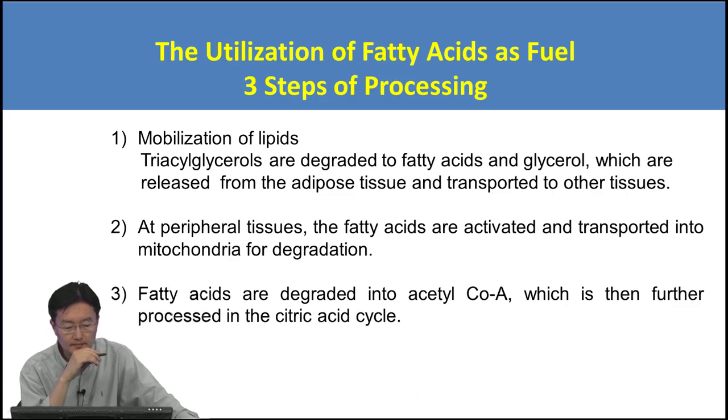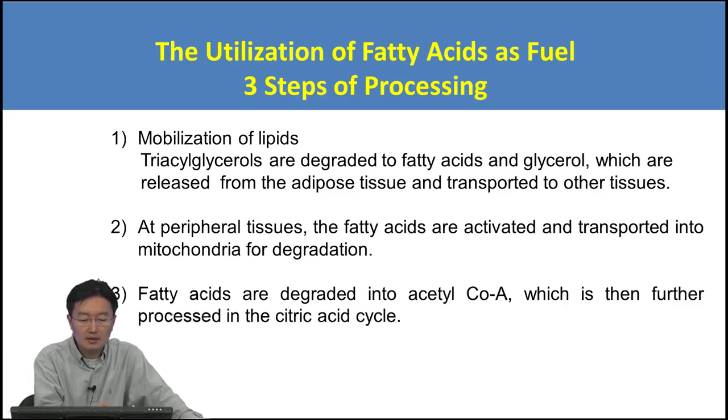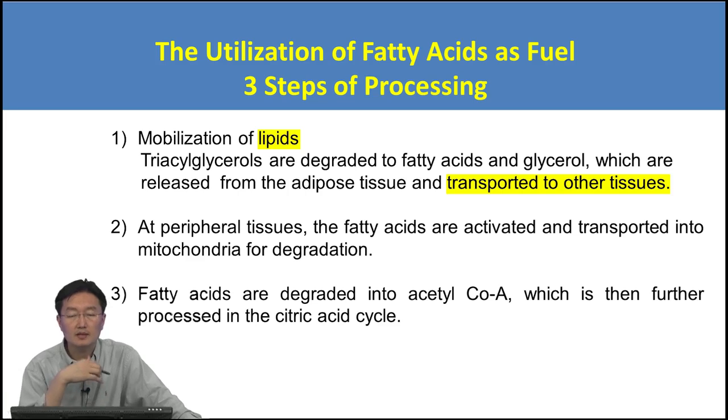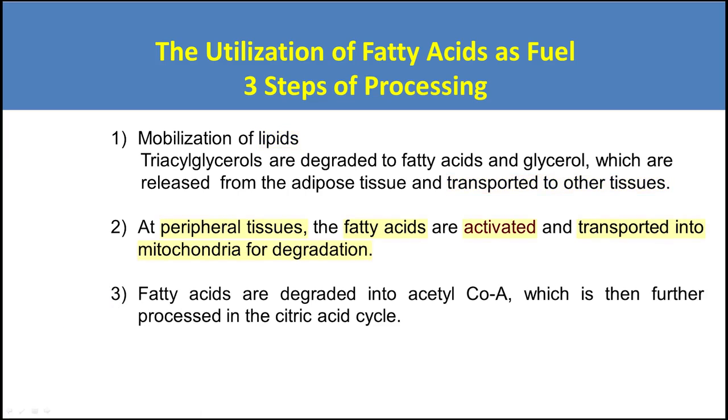So, the sources of fat, obviously, are lipids. Stored fats can be degraded and transported to other tissues, or dietary fats can be chemically digested, and then through the circulatory system, they can be used for energy production. At peripheral tissues, those fatty acids are metabolically activated first, and then get into mitochondria for full oxidation.